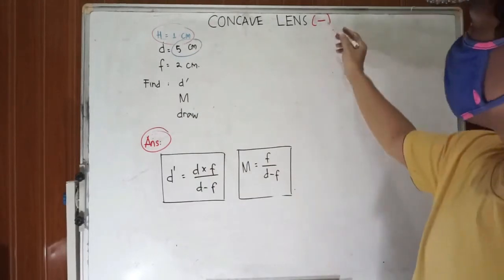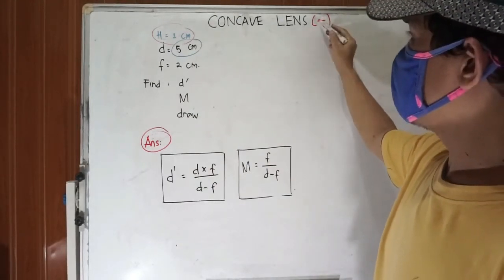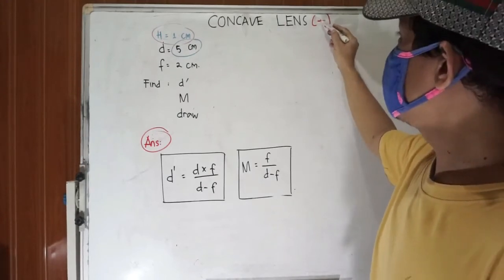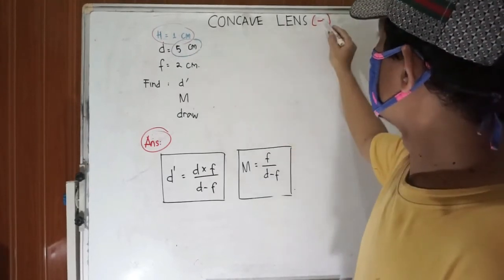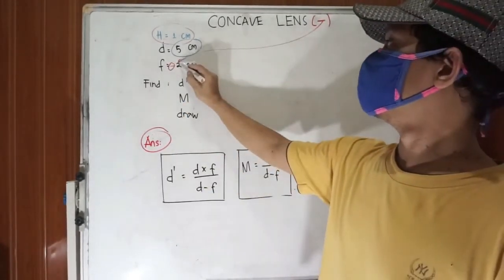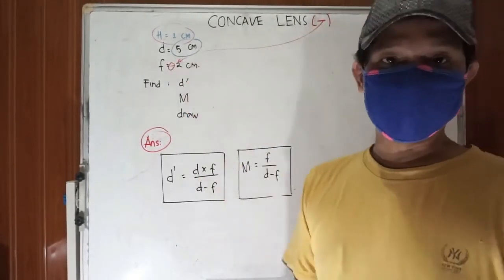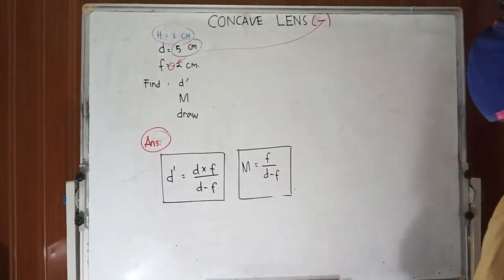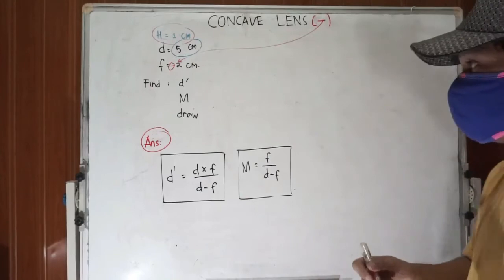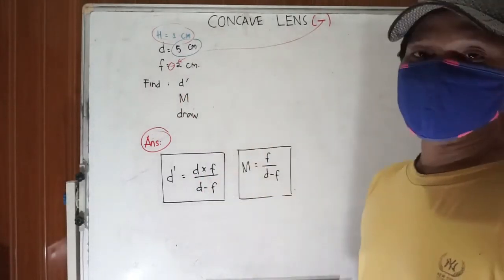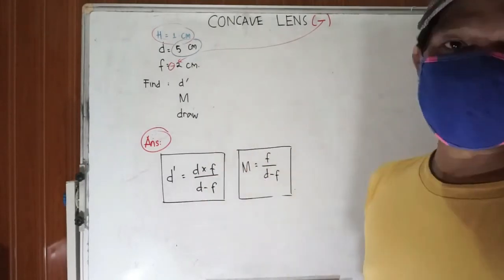Because the concave lens is a diverging lens, you have to put negative here. That's the characteristic of concave lens. The question is find the image distance, find the magnification, and then try to draw.